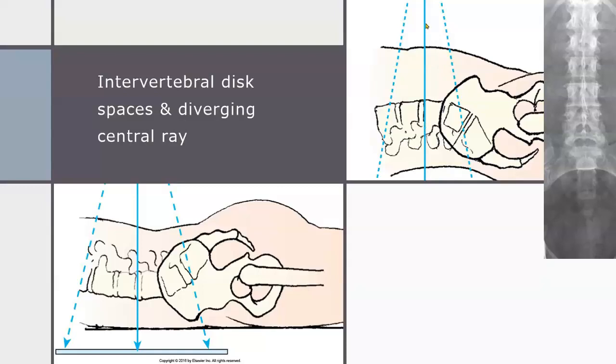But we should be cognizant that the divergent beam will cut through at an angle through the disc space, foreshortening the disc, making it so that it is closed off, because of the secondary curvature of the lumbar spine. The only way that we can modify it to flatten the lumbar, anyone have an idea of what we should be doing?